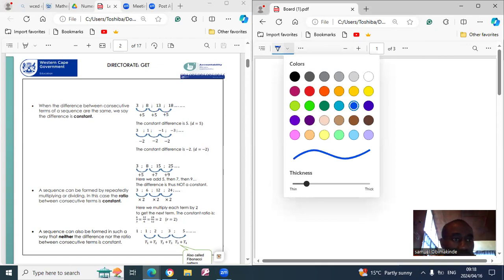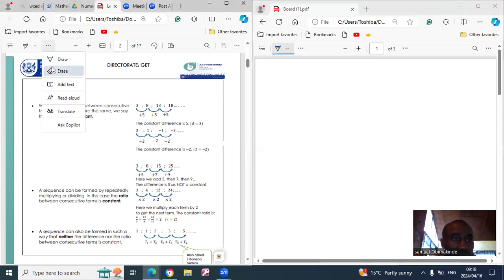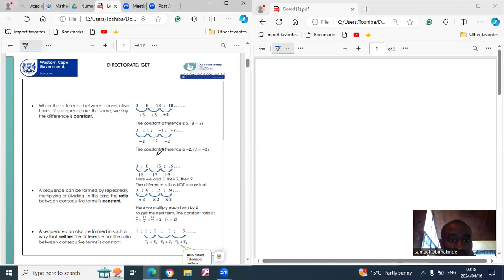So let's do this here. We are looking at this sequence. We have 3, then 1, -1, and -3. Here, the first term is T1.